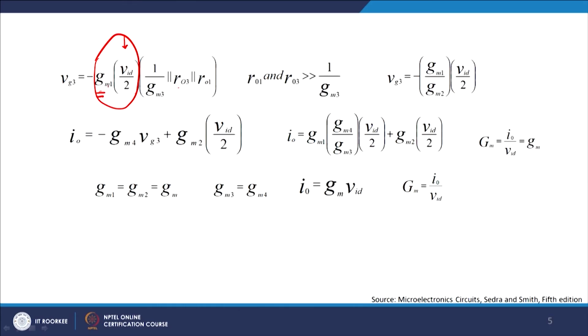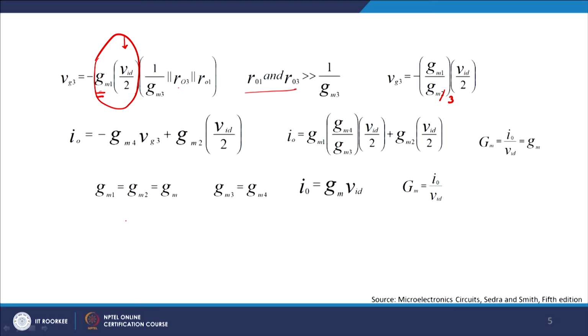As a result, you will get gm1 into VID by 2 into 1 by gm3 in parallel to R03. Now R01 and R03 are much larger as compared to 1 by gm3. So what I can safely write down is, gm1 by gm3, sorry, I think this will be gm3, so make a correction, gm1 by gm3 into VID by 2, right.